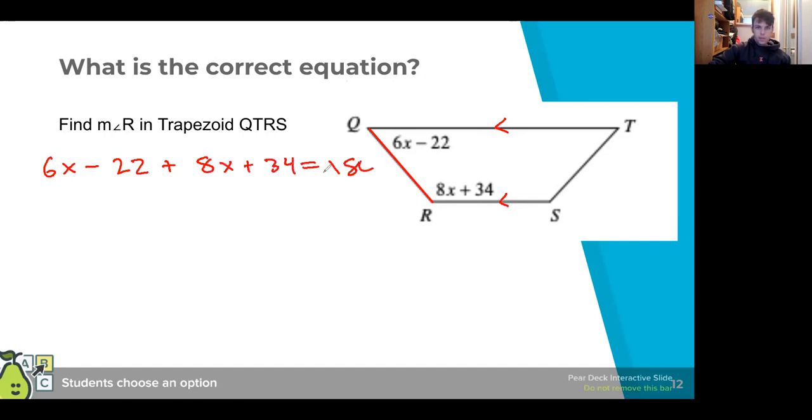So setting up my equation here, combining like terms, I get 14x plus 12 equals 180. Subtract 12 on both sides, I get 162. And then let's do a little division. 162 divided by 14. That is not great there.